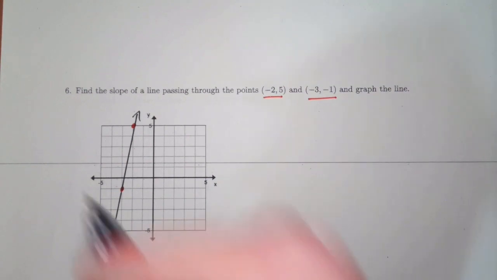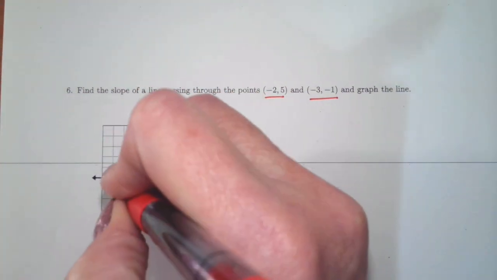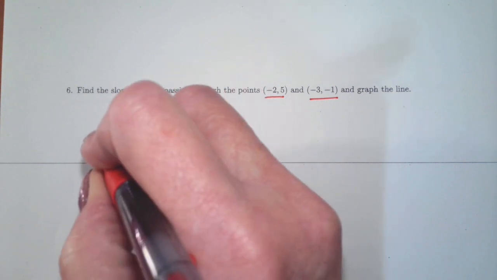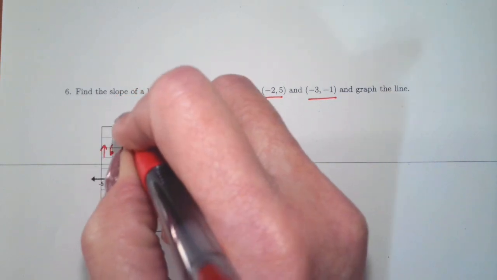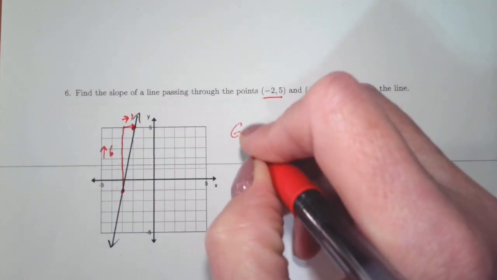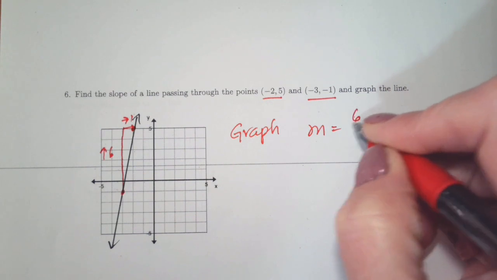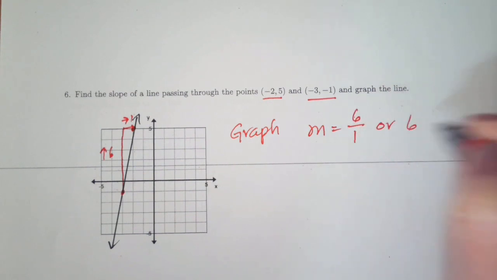Okay. So to get from this point to this point, I'm going to go up 1, 2, 3, 4, 5, 6. So up 6 and to the right 1. So from the graph, the slope is 6 over 1, or 6.